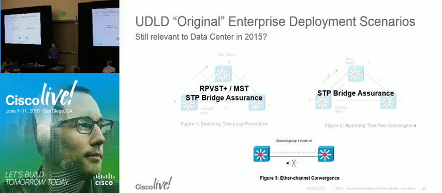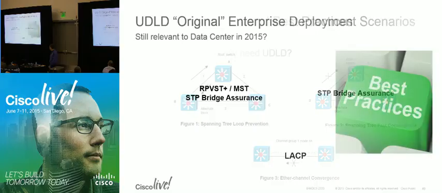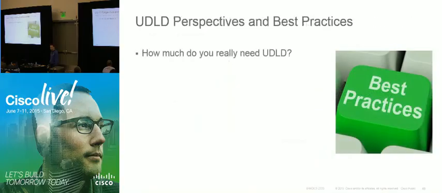But to the host, you won't be running UDLD. So on the switch-to-switch links, everybody has no problem doing LACP. So this doesn't apply either. Back in the day, people were like, okay, some switch doesn't support LACP, or I can only do mode on. Doesn't apply anymore. We're in 2015. Modern days. So to summarize, do you still need UDLD?